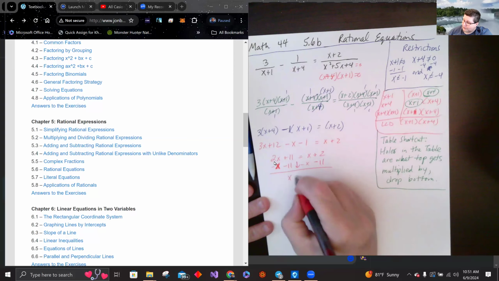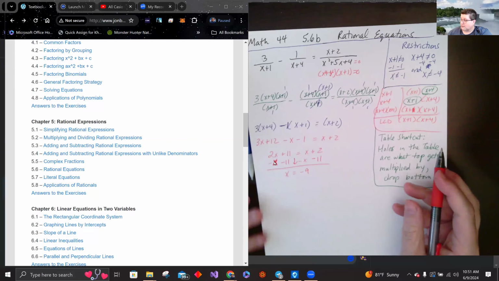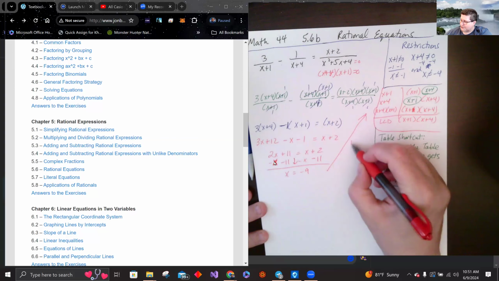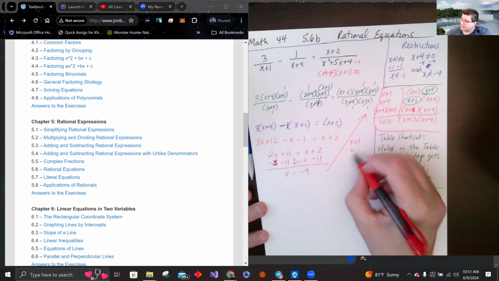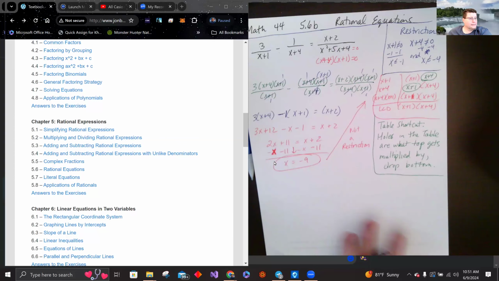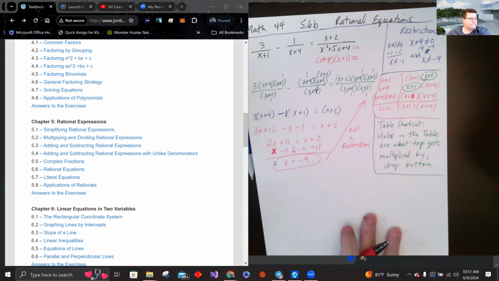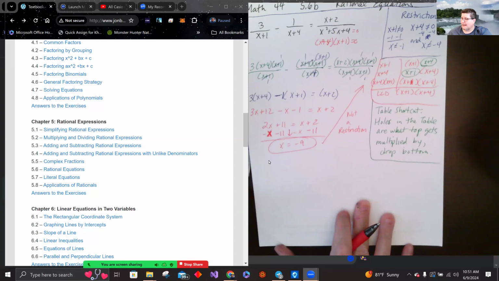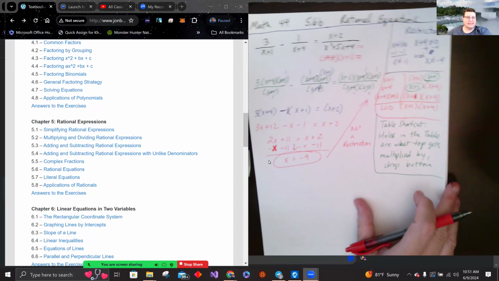I get x equals -9. X equals -9 is not a restriction. So x equals -9 is good to go. All right. Next example.